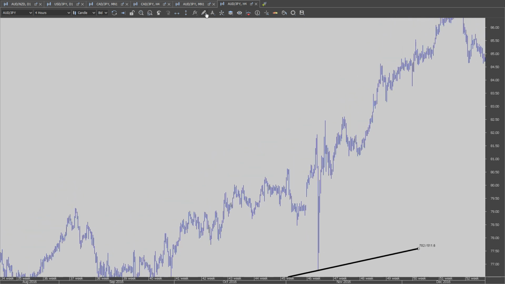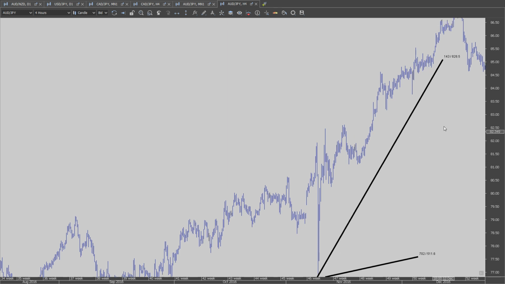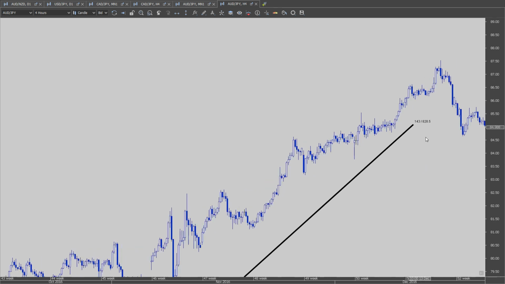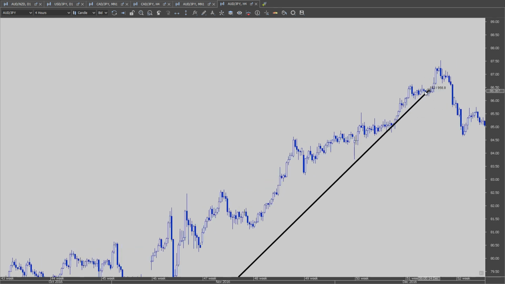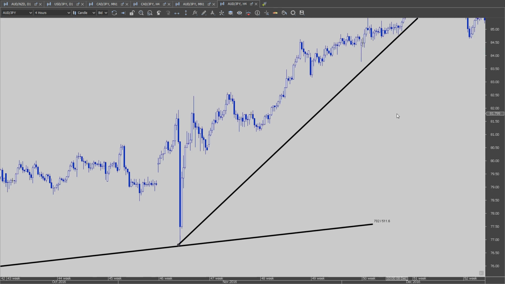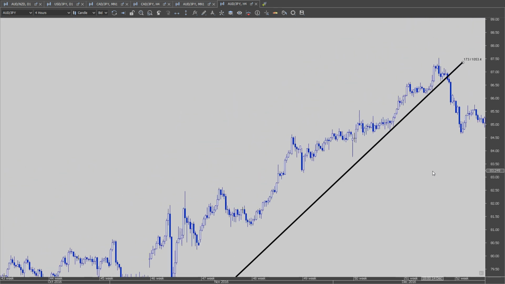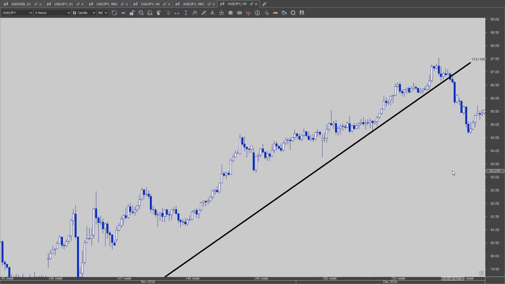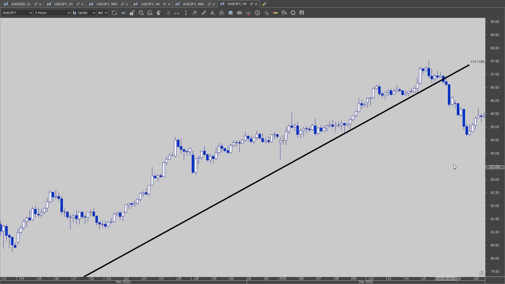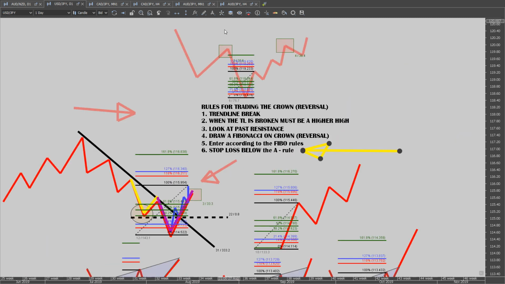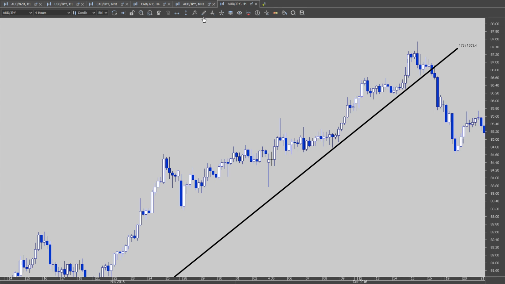We have different trend lines: the long-term trend line, the medium-term trend line, and finally everybody, we are here, right? Okay, if I'm not mistaken, more or less. There you go. So this will be the example on the AUDJPY 4-hour chart. Now, number one, trendline break, right? We have a trendline break.